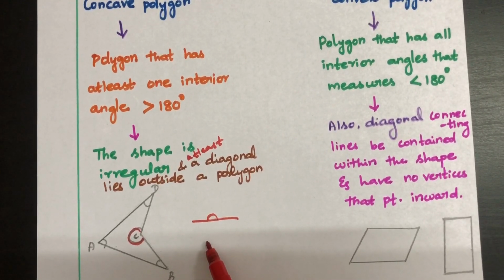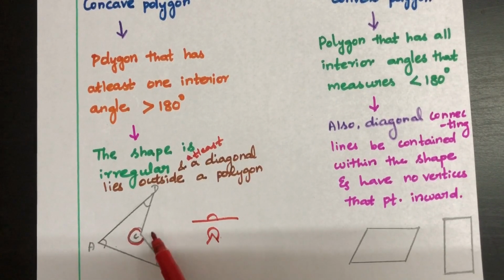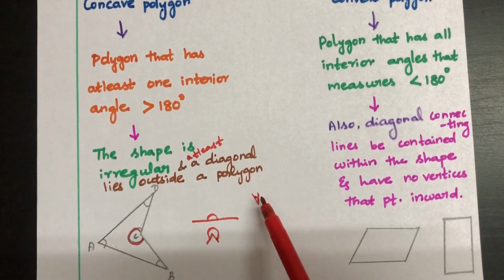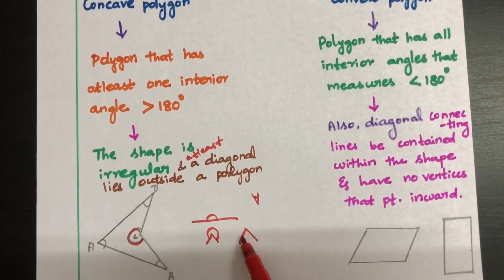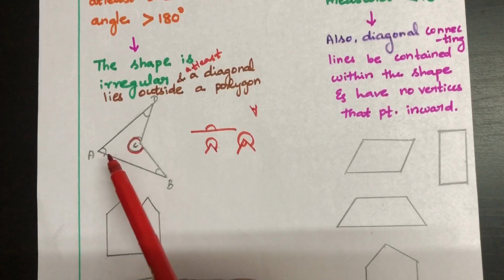If a line bends in this way, the angle formed here must be greater than 180 degrees. This angle, this V type, means always this is less than 180 degrees. If it is this way, here it must be greater than 180 degrees. But this is less than 180 degrees. Anyways, one of the interior angles is greater than 180 degrees. So this is a concave polygon. Also see the diagonal here.